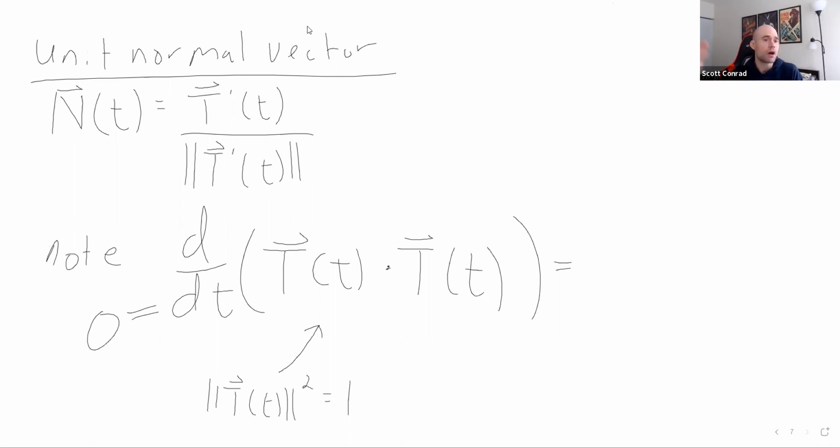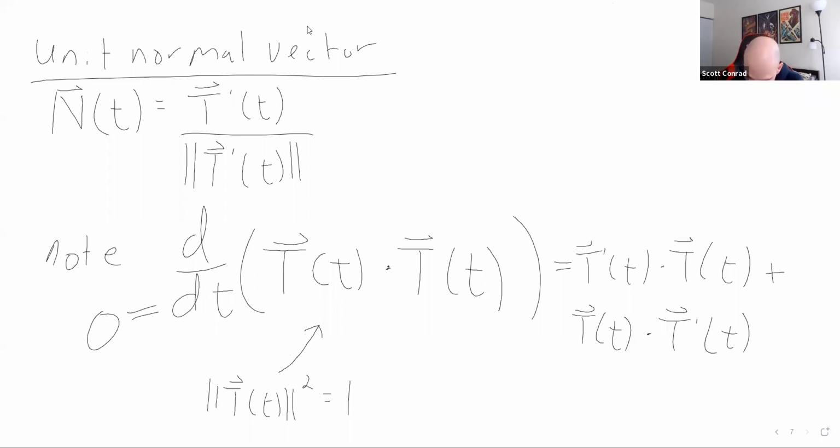And then if we use our derivative rules for the dot product, our product rule here, this is just the derivative of the first dot the second, plus the first dot the derivative of the second. So this is T prime of t dot T of t, plus T of t dot the derivative of the second. Let me make that more obvious: that's the derivative, that's the derivative.